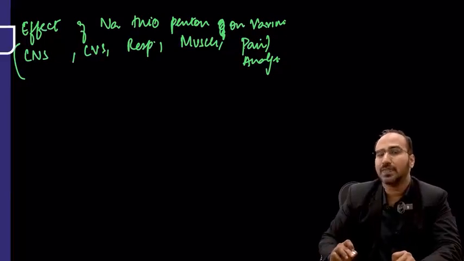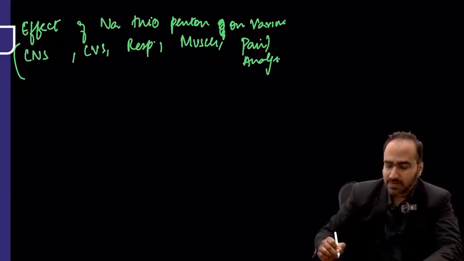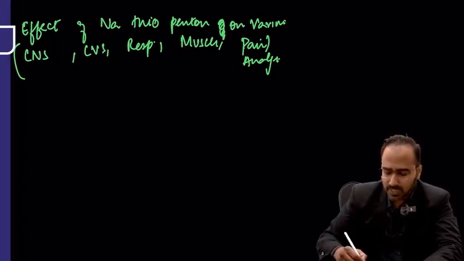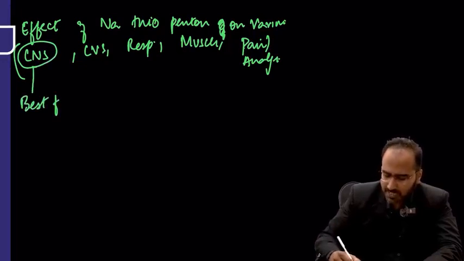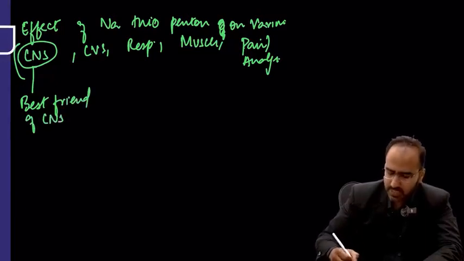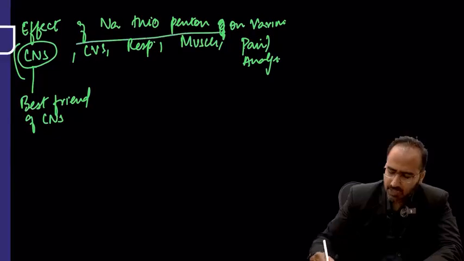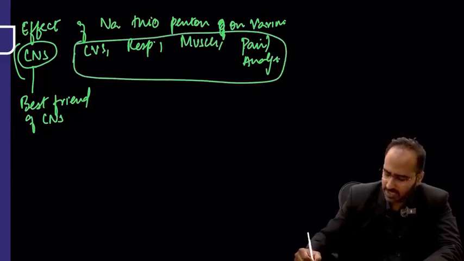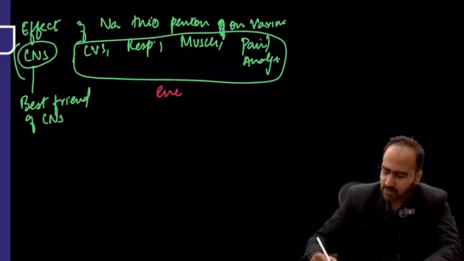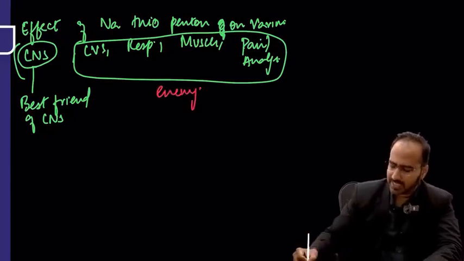Remember, there are MCQs being asked on the effect. The effect of sodium thiopentone on various systems is what? Sodium thiopentone is the best friend of CNS and the enemy of all other systems.